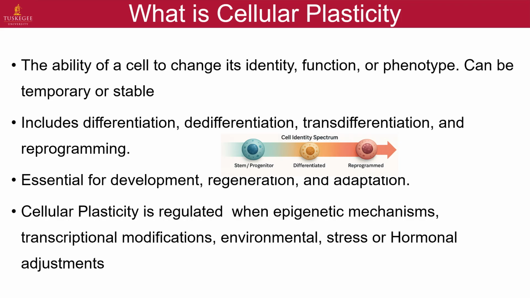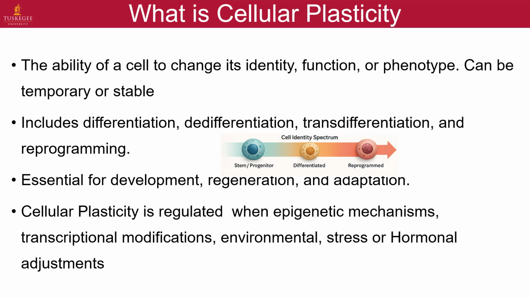Here, basically, I just have an example of what would happen in normal cellular programming. So we have a stem cell that has not yet differentiated. Then it differentiates into a specific function, and then it can also undergo reprogramming given different epigenetic changes that might occur on it.